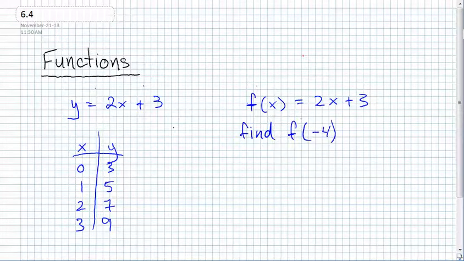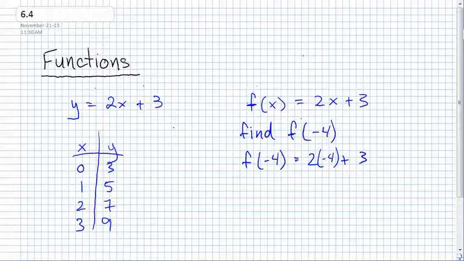And then you might be asked, for example, to find f of negative 4, which just means what is the value of the function f when x is equal to negative 4? Well, to do that, you just substitute negative 4 in for x. That's all we're doing. Nothing really crazy here. So f of negative 4 is the function f, which is 2x plus 3, but instead of writing the x, I write negative 4.